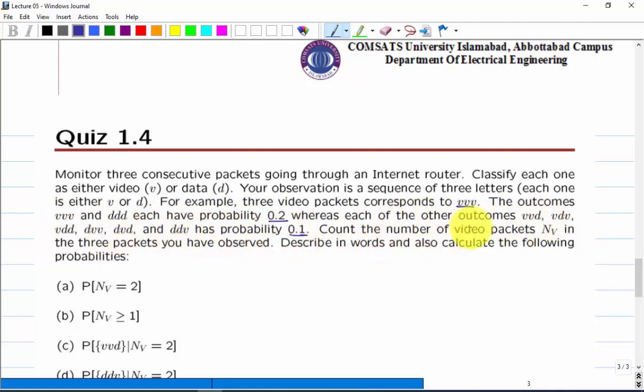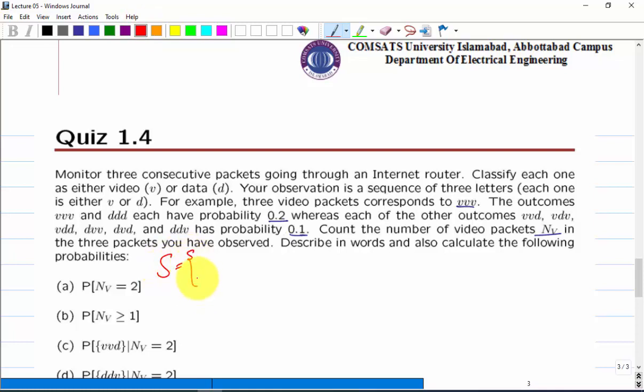Count the number of video packets NV in the 3 packets you have observed. Describe in words and also calculate the following probabilities. So that is again a very simple problem, but we have to start with defining our sample space.